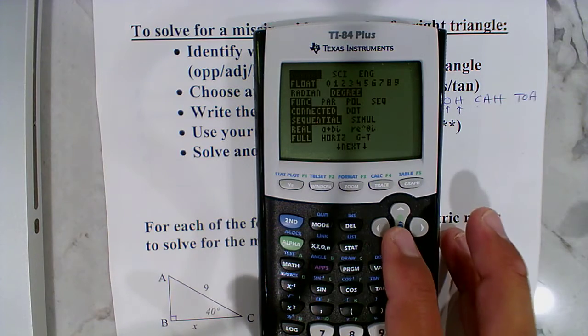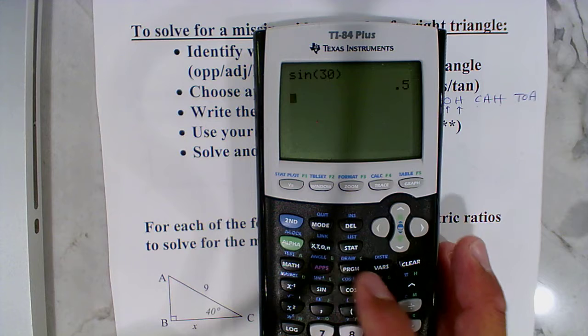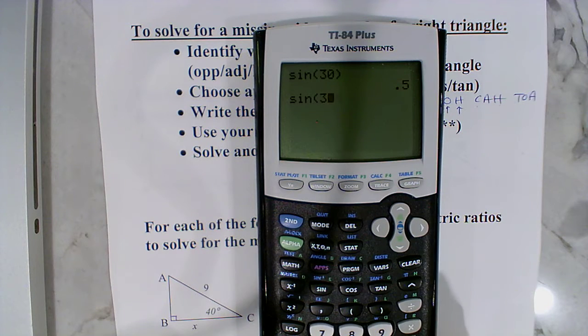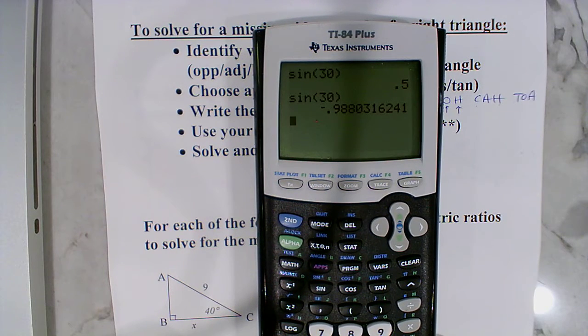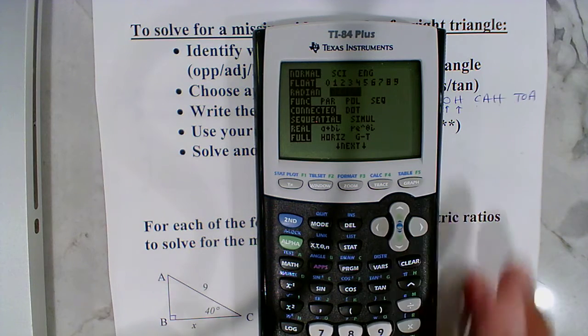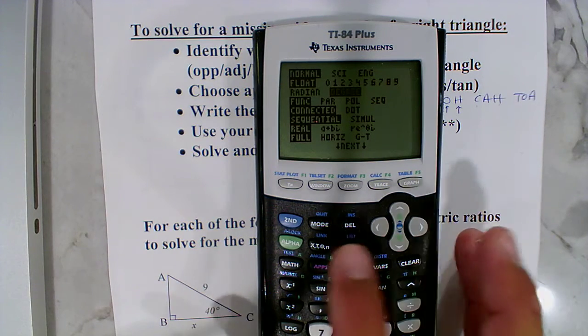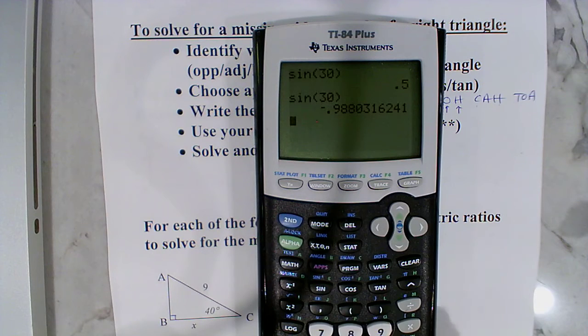If you're in the wrong mode, you're going to get some ugly decimal, which if memory serves me right is like, I don't know, negative 0.988 or something. There you go, negative 0.988. All right, so that's the wrong mode. Every answer you get will be wrong, even though your work would be right. So we're going to leave it in degrees, make sure we're there, quit back out of that, double check, sine of 30 is 0.5. Great, I know I'm in the right mode.